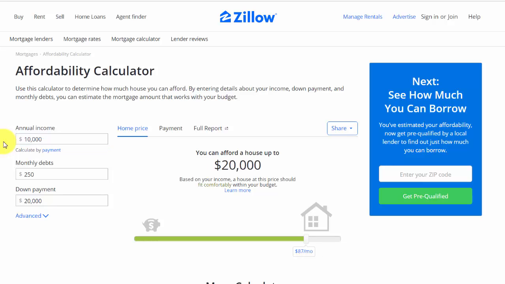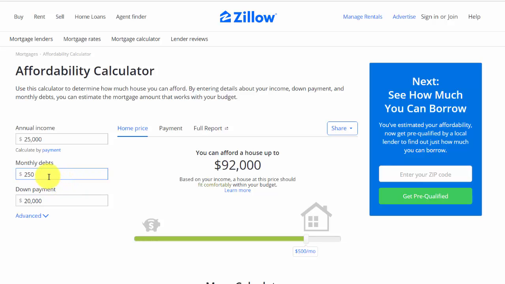The most you can afford is a $20,000 home. That's going to be pretty hard to find in a nice location. Let's say you make $25,000. So the most you can afford is $92,000. Now that's not too bad. That's in the ballpark. Your monthly payment then would be roughly around $250.